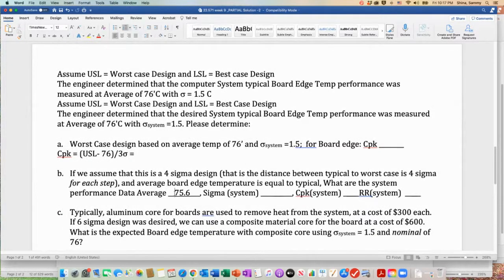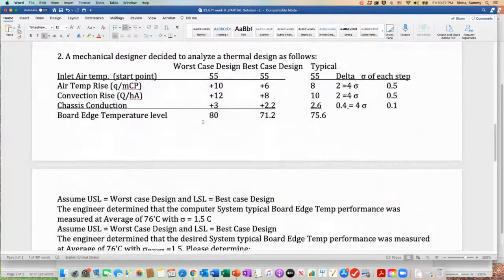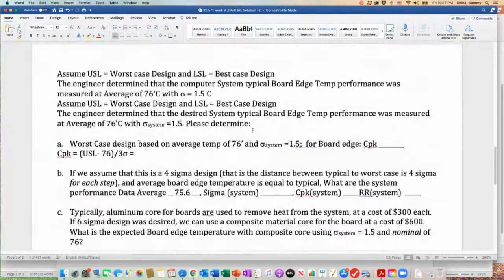Remember that we are doing it versus the data range, which is average performance, 75.6. So CPK is going to be the minimum of upper spec limit or lower spec limit. 75.6 is closer to the best case design, so 75.6 minus 71 over 3 sigma.